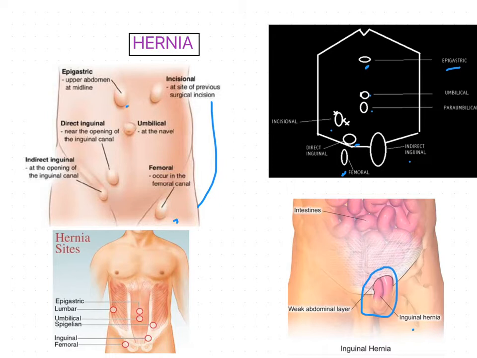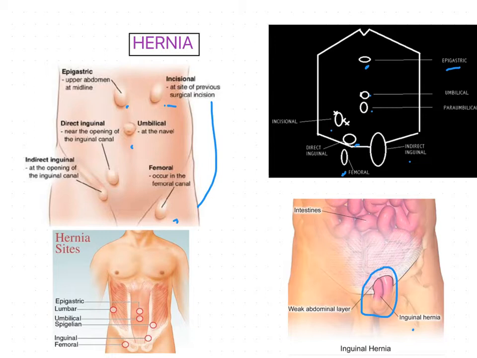This is epigastric, and due to any surgical incisions, because of the weakness of that area, it causes some protrusion of the abdominal contents here. And this one is the umbilical, because of the weakness at this umbilical area, the organs are protruding through this umbilicus.